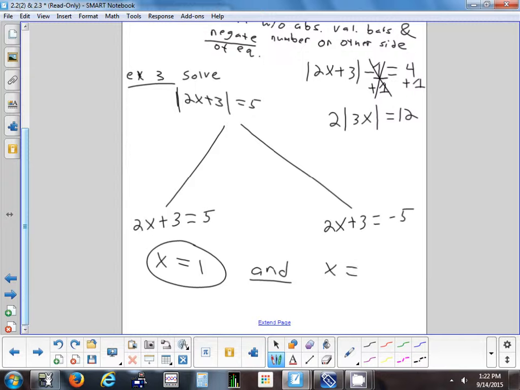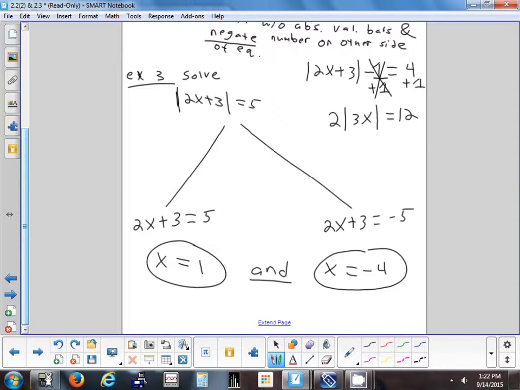What would my other solution be? -4. Right, so minus 3, you get -8, divide by 2, -4. So this tells us it's a V shape. If you graph it, it would cross the x-axis at -4, +1.